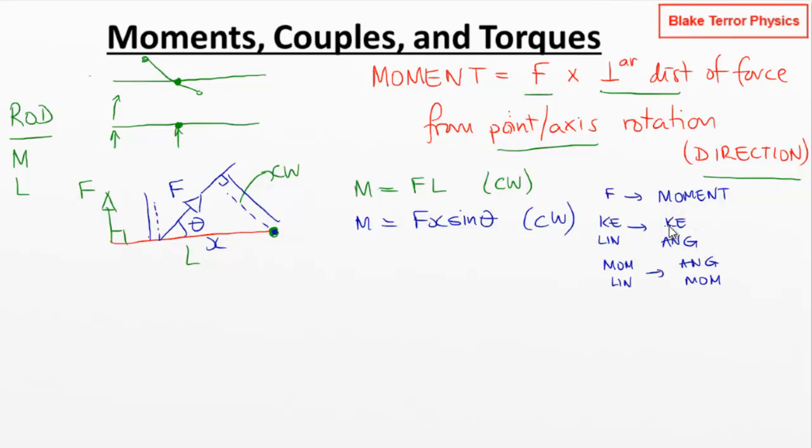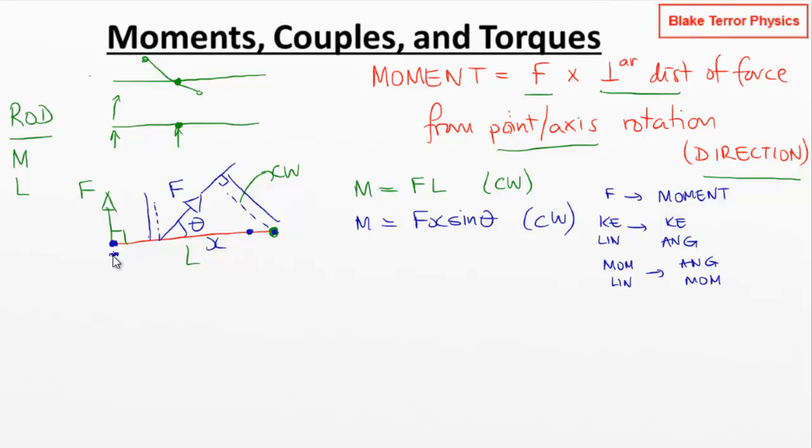But we want to handle these things differently, because as soon as this rod starts moving round clockwise, think of what's going on inside the rod. If you take a little chunk of the rod at one end, so that as far away from the axis of rotation as possible, this is going to be moving faster than a bit of the rod which is closer to the axis of rotation.